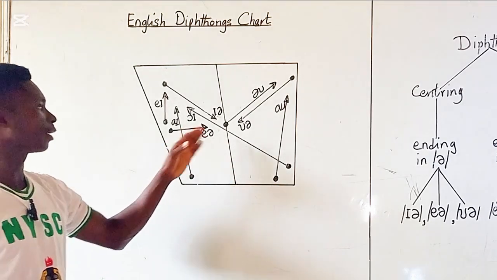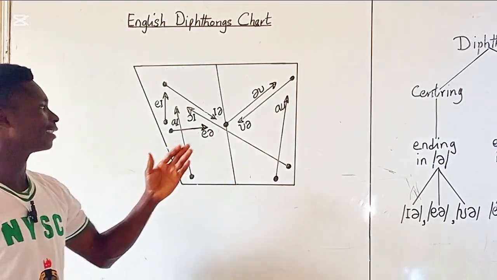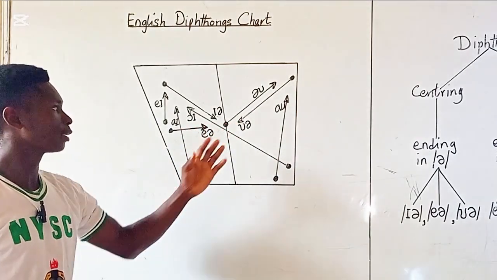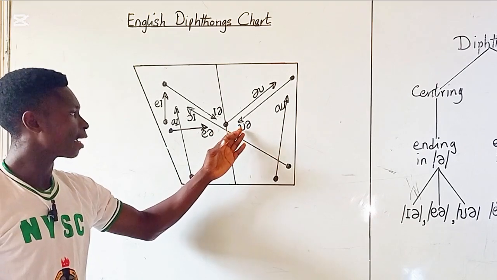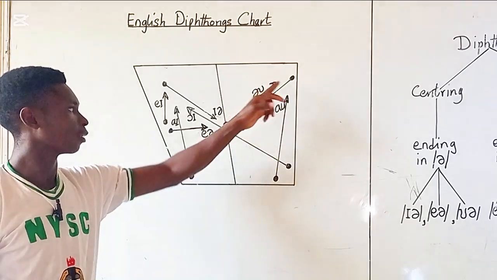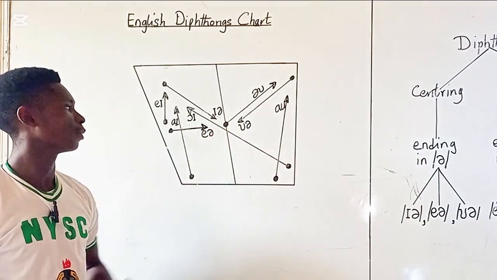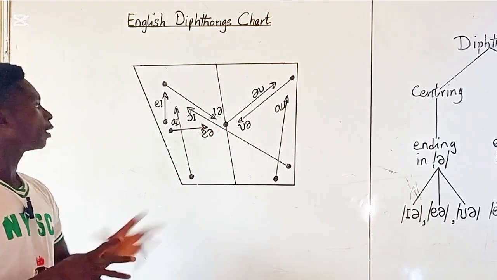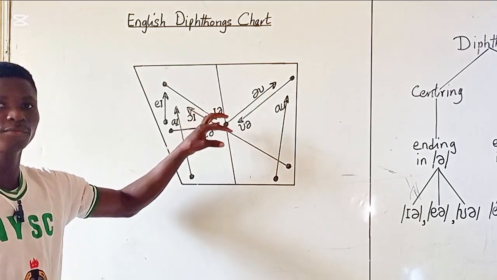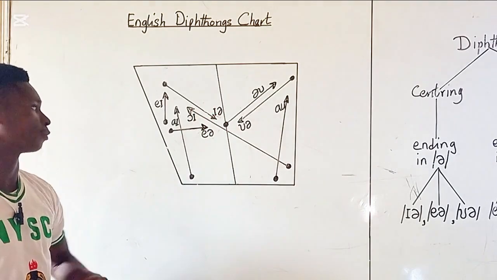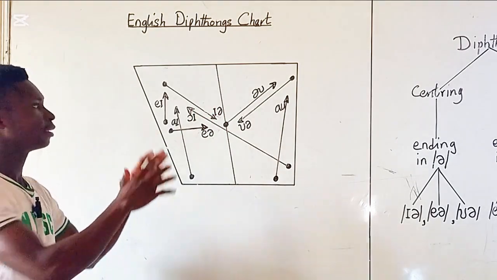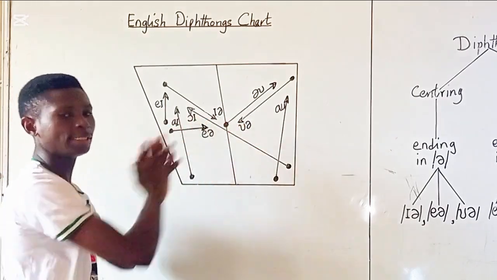All right, another sound here is the oor sound, because it begins from the u sound to the schwa sound. So we have oor. These three sounds are centering diphthongs, because the movement is from different positions to the center.